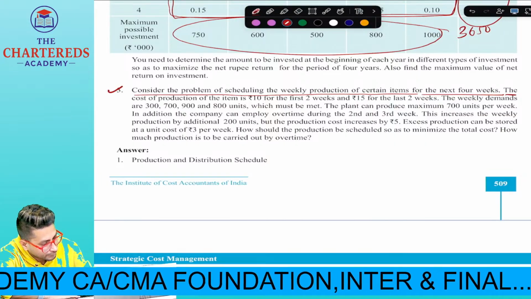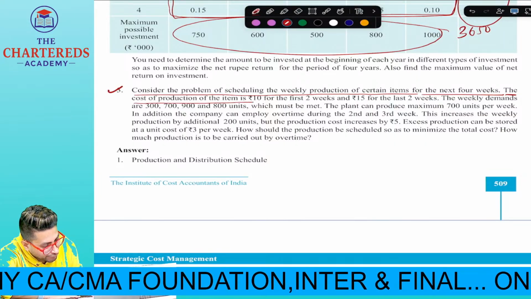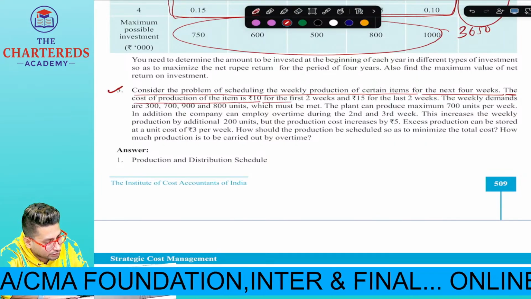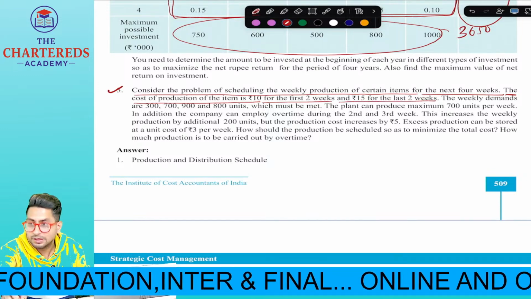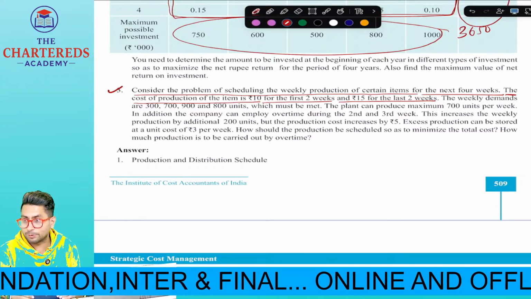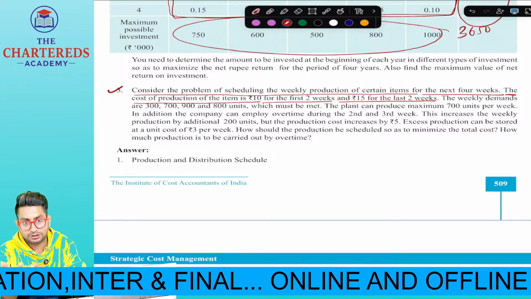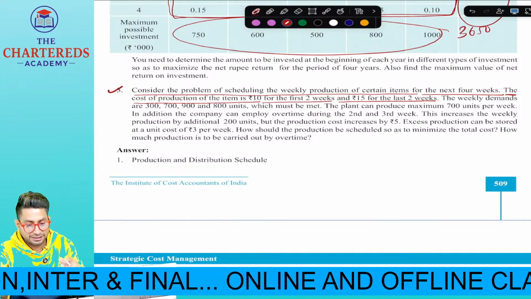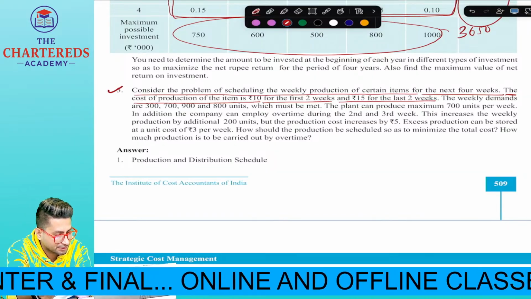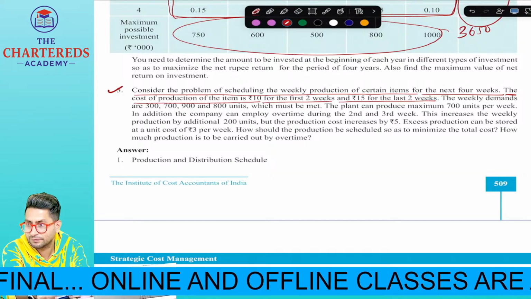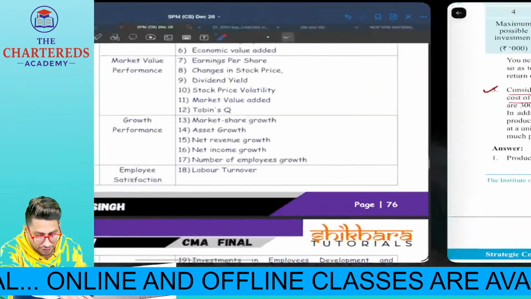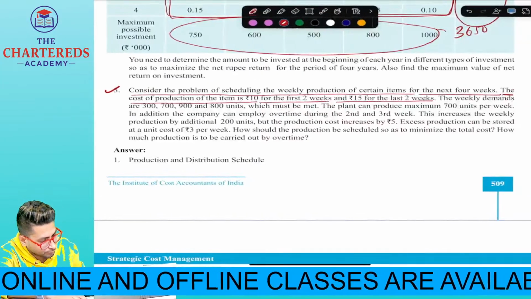The cost of production of the item is how much? 10 for the first 2 weeks and 15 for the last. Normally in every problem, they will give you demand, supply and cost. In this problem, demand is given, supply is given, but cost is not given. That we have to calculate. How many weeks are they telling here? 4 weeks.